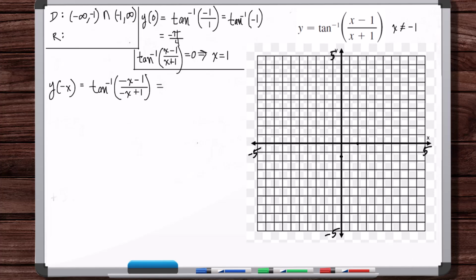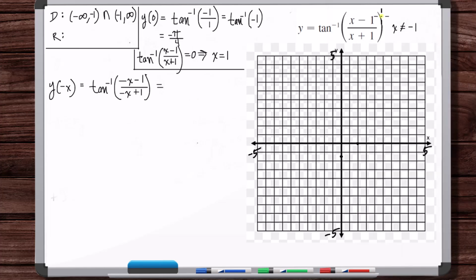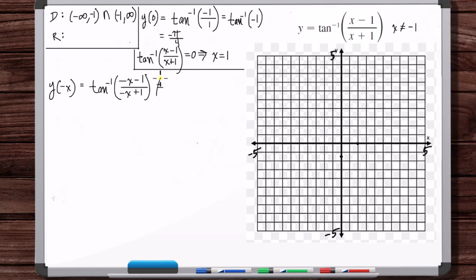Do you get the original function back? Or do you? (x plus 1) over (x minus 1)? No, you do not. So this is not equal to y of x.